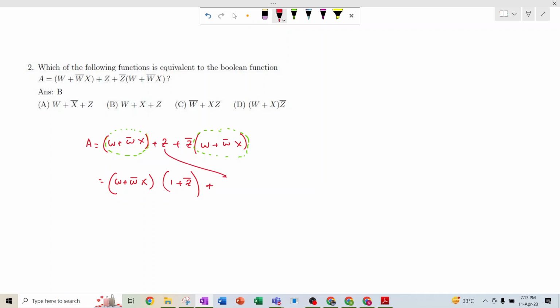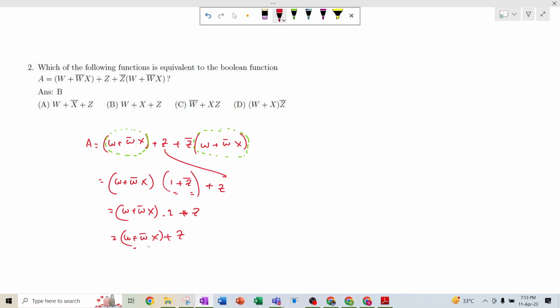You know 1 plus something results in 1. So w plus w bar x multiplied with 1 plus z is the thing. This can be written as w plus w bar x plus z.